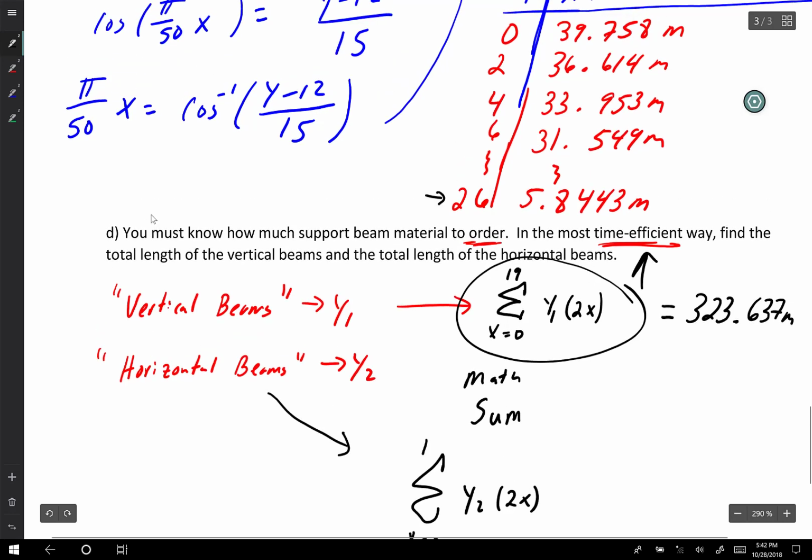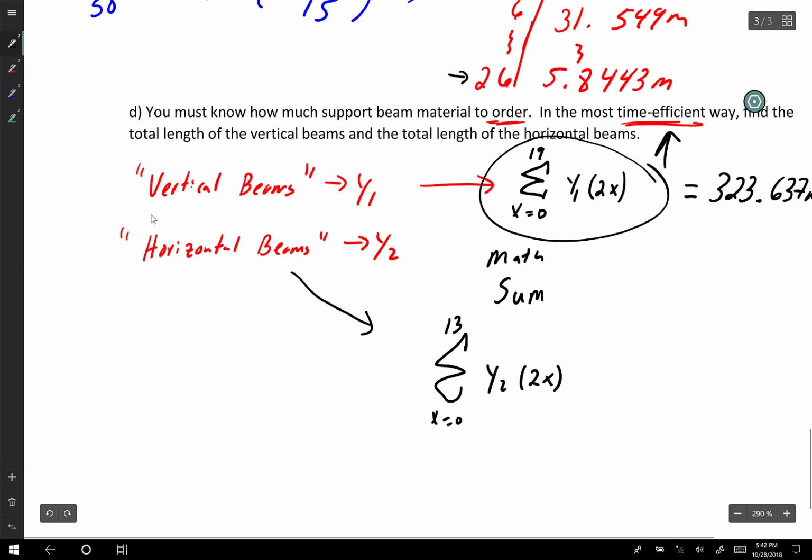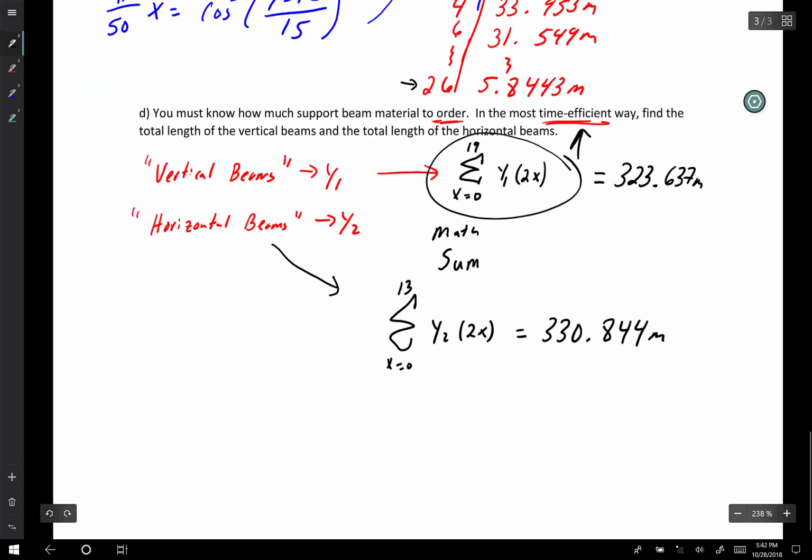So 26 divided by 2 is 13. And I get, so let me do that one now. .844 meters.